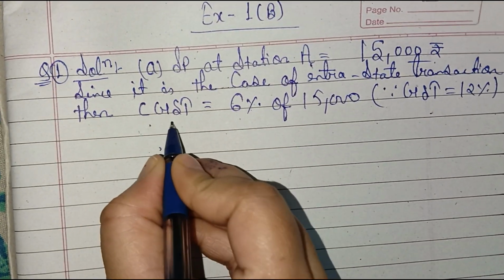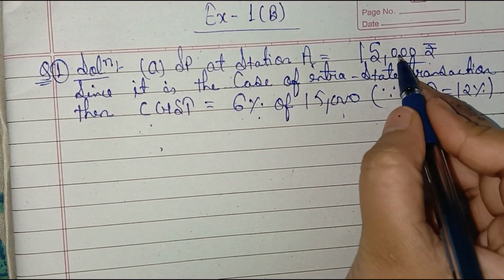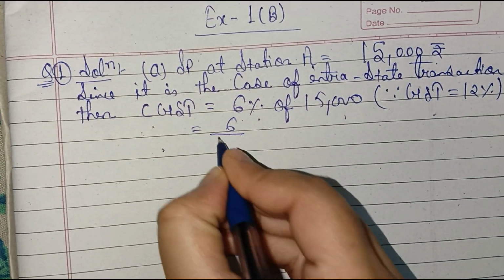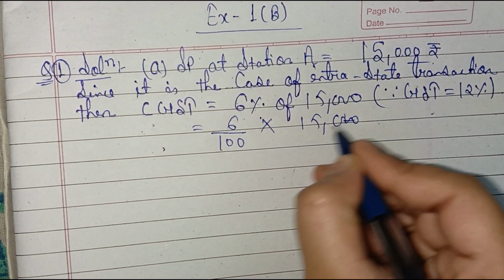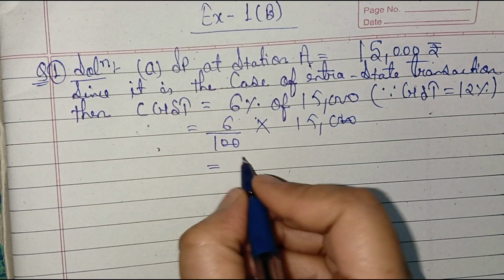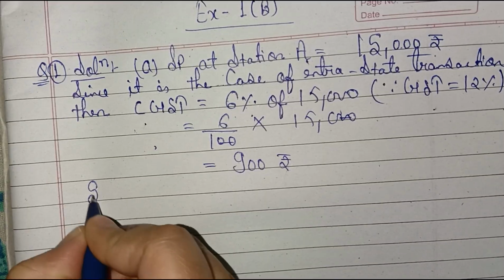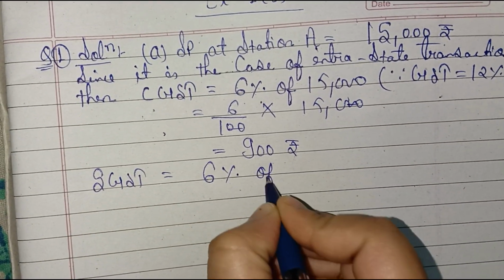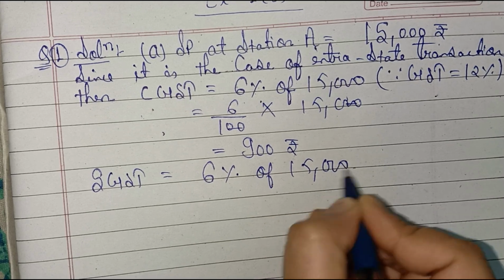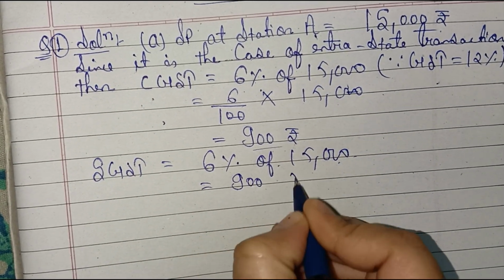Here we have to find CGST equal to 6% of SP, that is 15,000. 6%, that is 6 by 100 into 15,000. 100 and 15,000 cancel out by 100 and CGST is equal to 900 rupees. SGST is equal to 6% of 15,000 and here 6% of 15,000 is equal to 900 rupees.